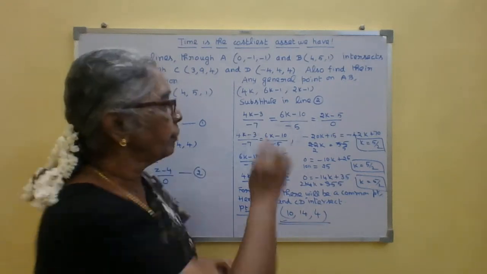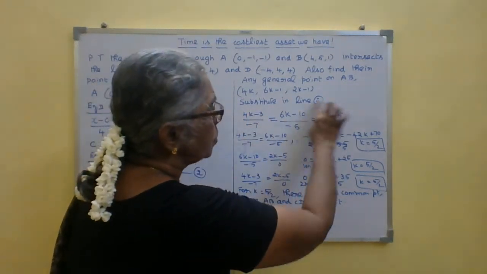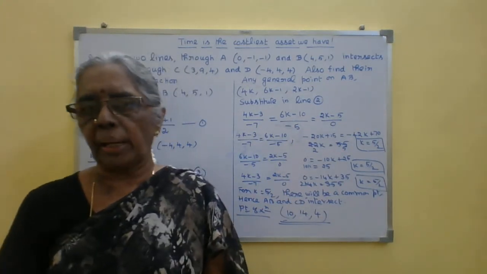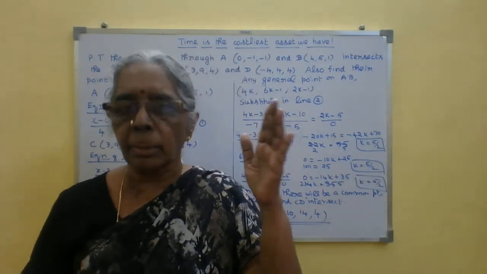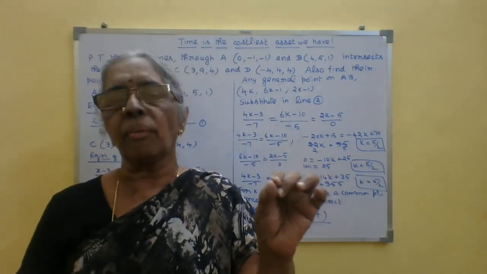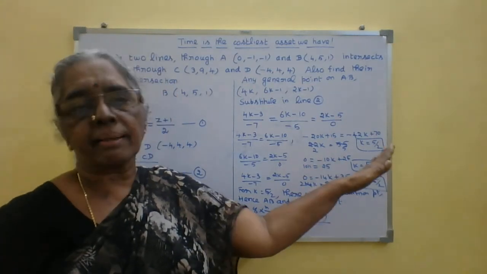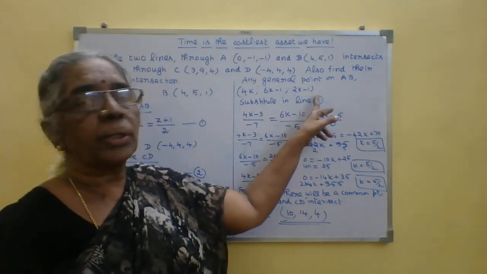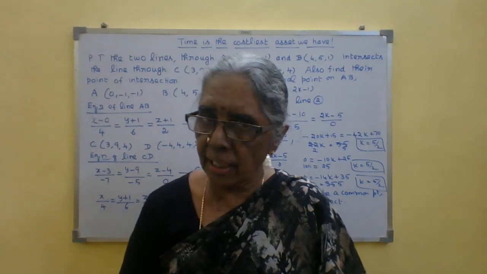Then I equate these two and get one value of k. I equate these two and get one value of k. And from 1 and 3, I get one value of k. If I get the same value of k, that means for that particular value, the two lines intersect. So I can say they intersect. Then to find the point of intersection, substitute that value here and then you get the point of intersection. Hope this is clear to you.